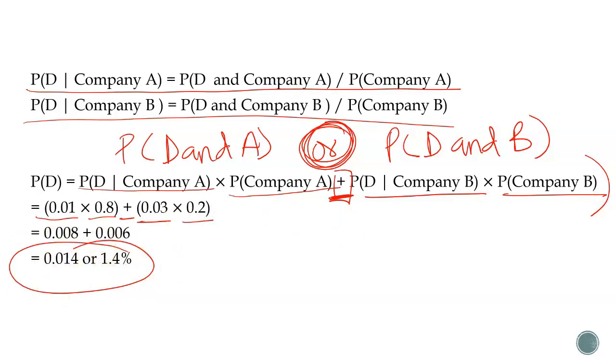Based on the options you are given, you choose the answer. If it's in percentages, you choose this. If it is decimals, you choose this.